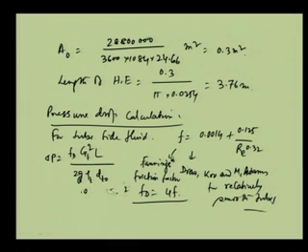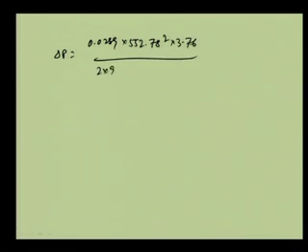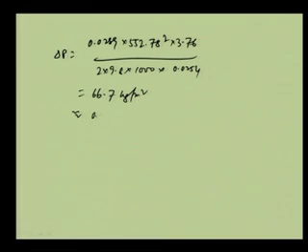So, if we put these values here, 552.78 square. So, delta P here is 0.0289 into 552.78 square into 3.78, the length of the heat exchanger, by 2 into 9.8 into 1000, the density of water approximately, into 0.0254. Okay, so this becomes 66.7 kg per meter square, and this is nearly equal to 0.0667 meter of water.